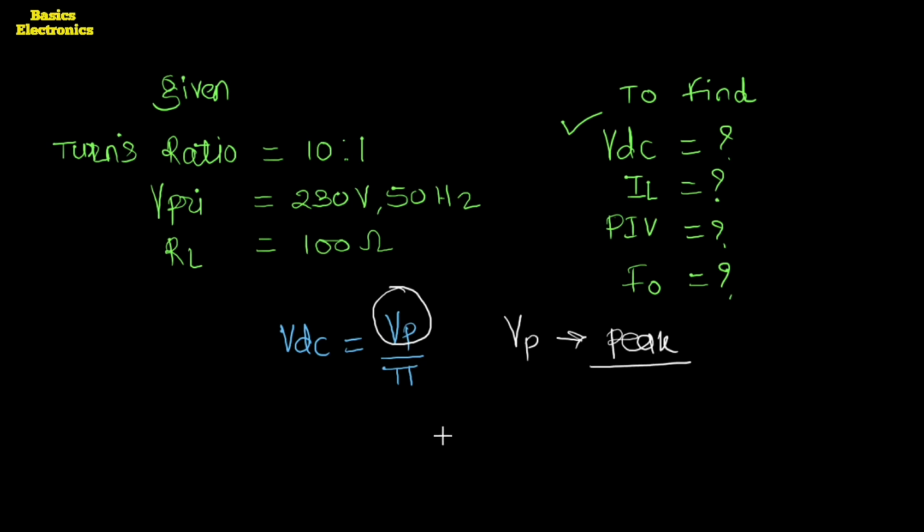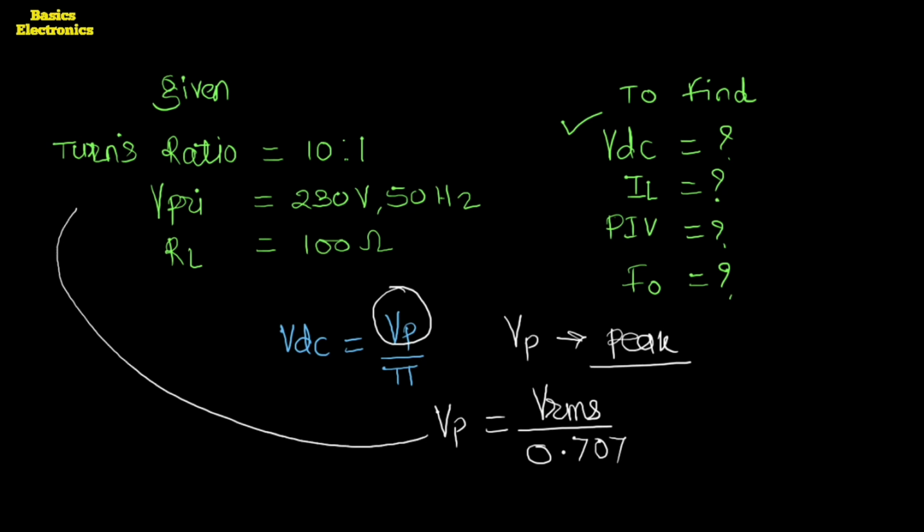It means we have to calculate this Vp by using the formula Vrms upon 0.707. The Vp we have to calculate, but in this example the Vp is not given.